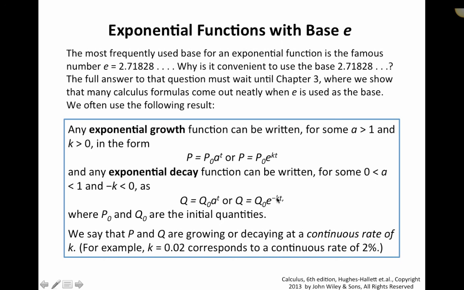So when we talk about exponential growth, this value of k, the exponent, is positive for e. For exponential decay, the value is negative. You might recognize this from pre-calculus as PERT. You know, P equals P naught e to the rt.